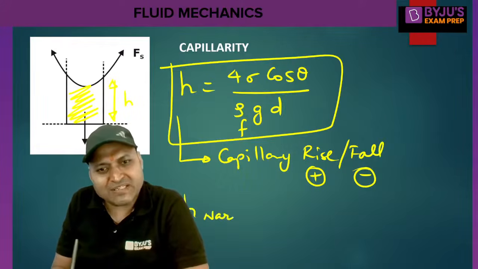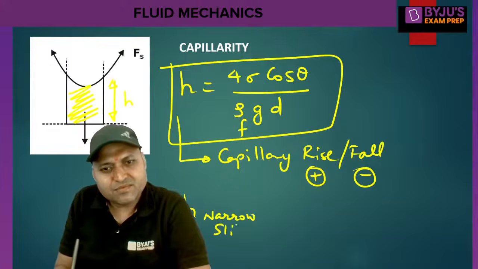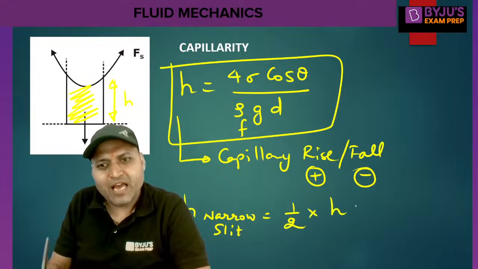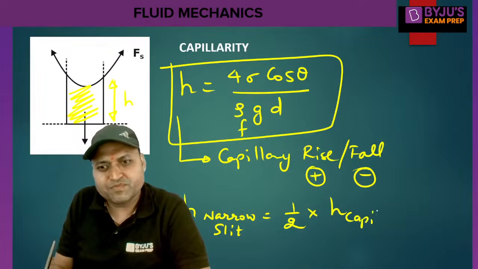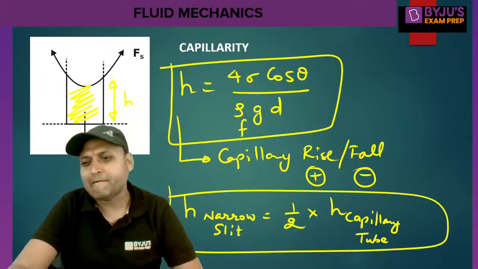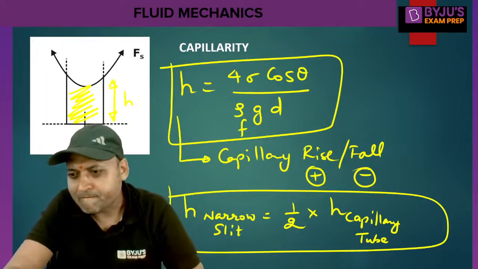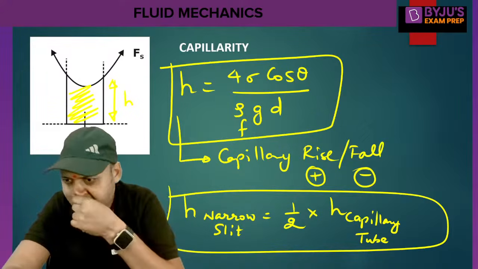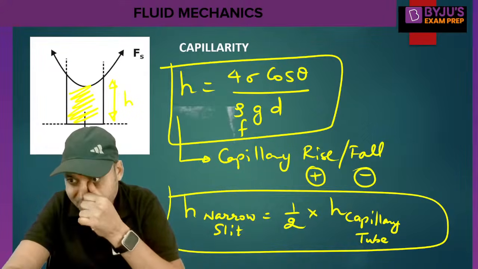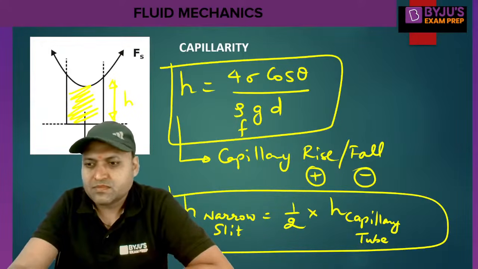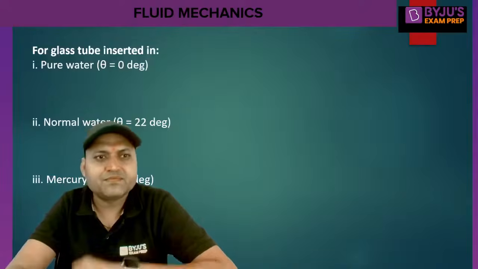H for narrow slit is equal to half of H for capillary tube. Clear?